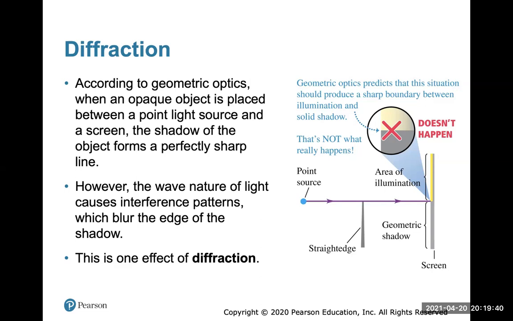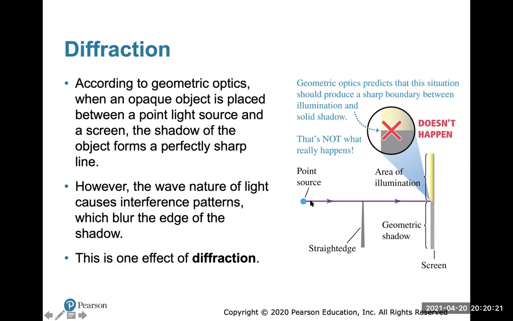So suppose we have a source of light and it passes near a straight-edged object, such that we expect, according to the ray propagation model, that there would be absolutely no illumination below this point. That is the ray of most downward propagation that we can draw that actually passes the straight edge.